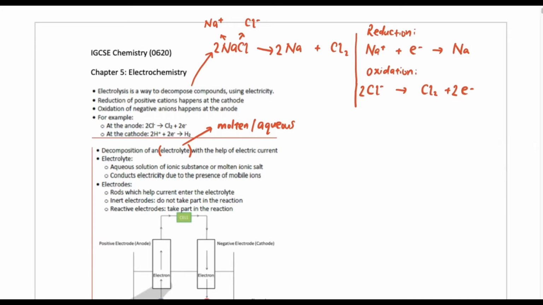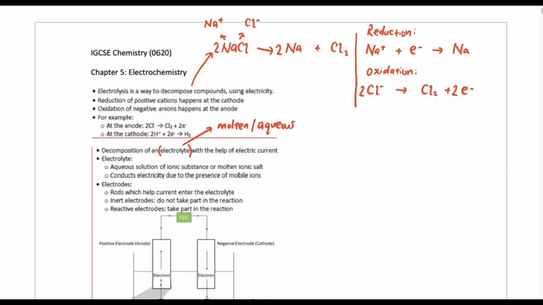No matter it is aqueous form or molten form, the main characteristic is once it is in aqueous form or molten form, the Na plus and the Cl minus, I mean in general, the positive ion and the negative ion are free to move around. It's not like in solid, where they are held together by ionic bonds. But when they are in molten or aqueous, the ions are free to move.